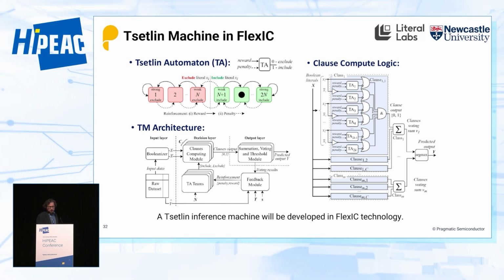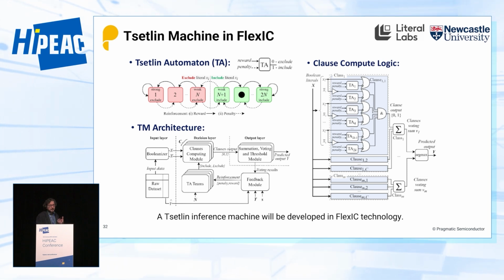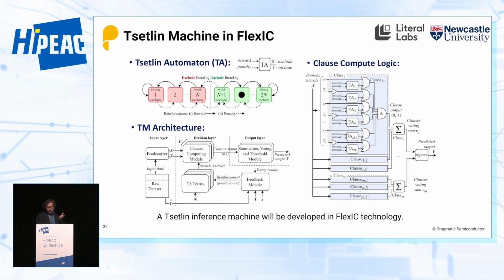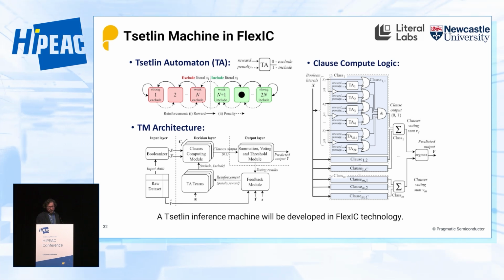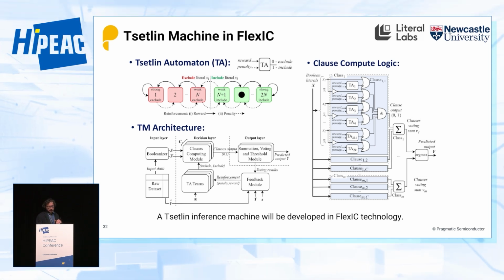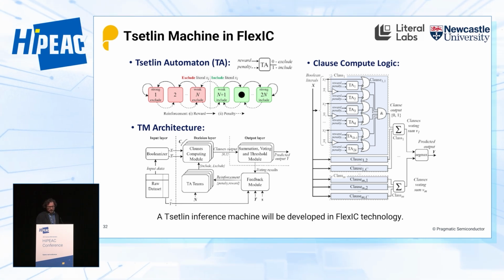And then the decision block has multiple clauses, and each clause is essentially a bunch of logic gates, and these Boolean features are called literals. That's why the company is named Literal.